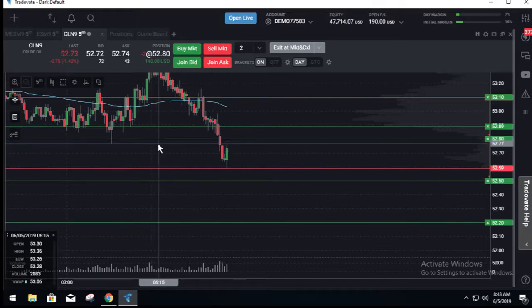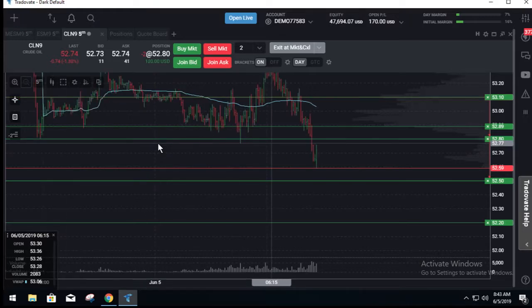I have a couple of the guys who are trained. This is what we look for right here: break, push down, move, return, push to the downside.